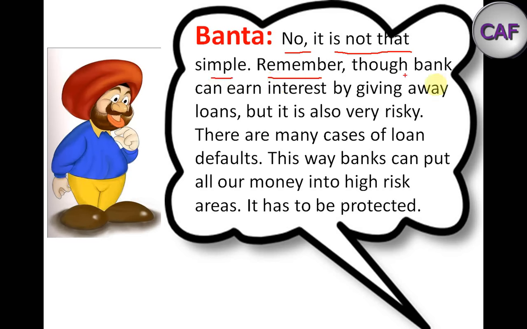Remember, though a bank can earn interest by giving away loans, it is also very risky. There are many cases of loan defaults. This is absolutely true, guys. And this way banks can put all our money into high risk areas. It has to be protected.